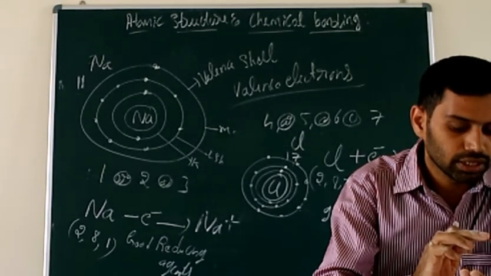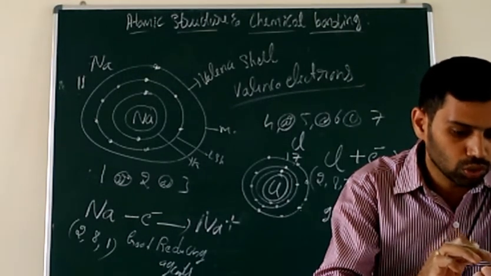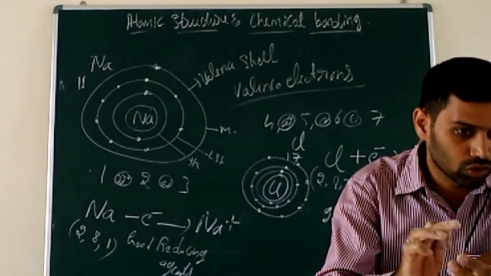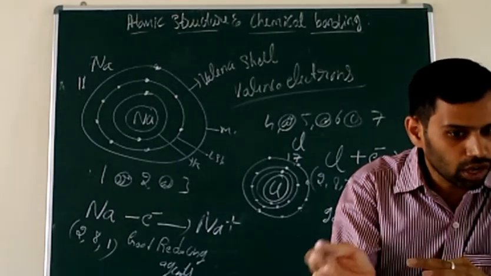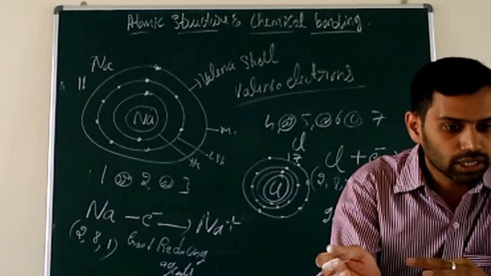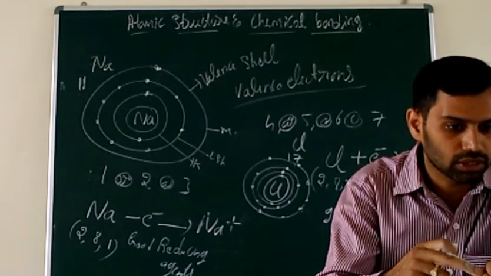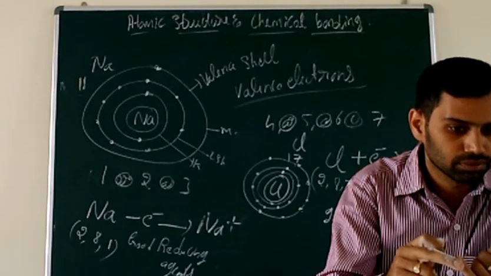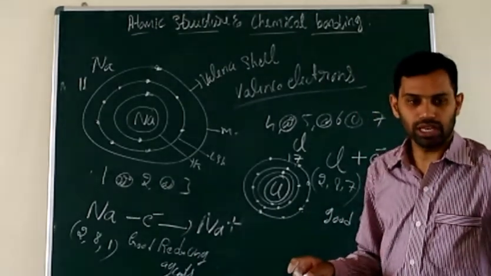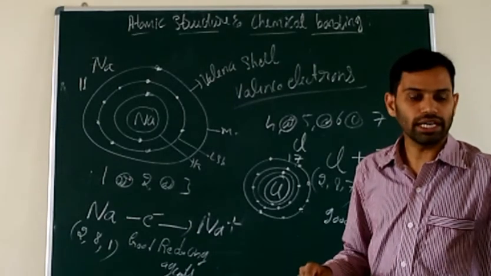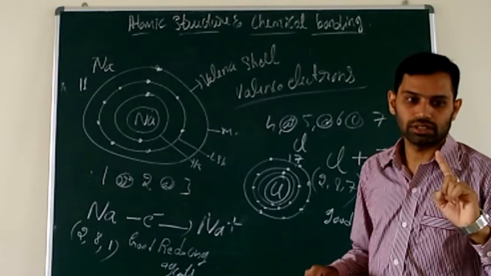So it means sodium has 1 electron. Chlorine has 7 electrons.